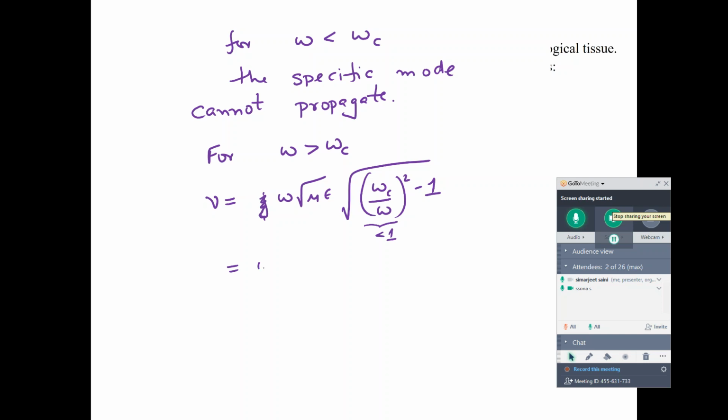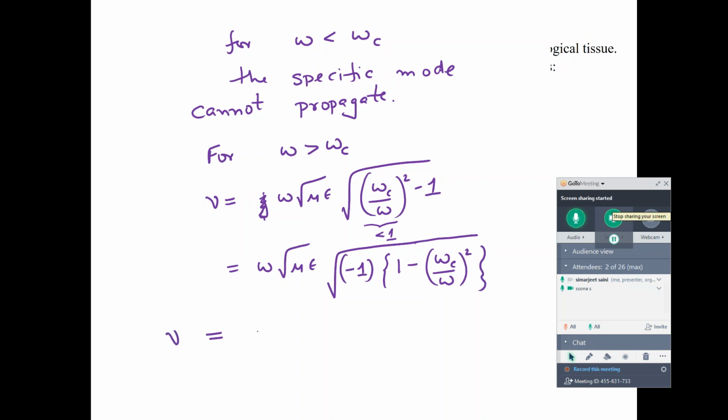So I can write this as ω square root of με, minus 1 times (1 minus (ωc/ω)²). The square root of minus 1 is j. So I can write my gamma as jω square root of με, 1 minus (ωc/ω)².